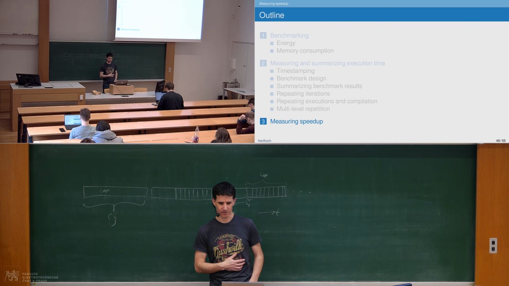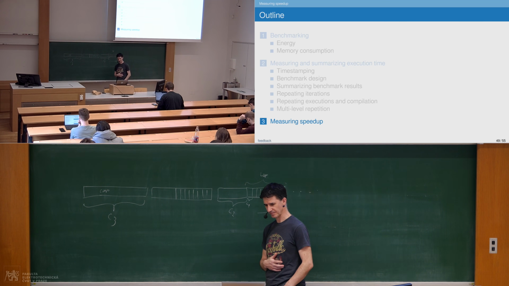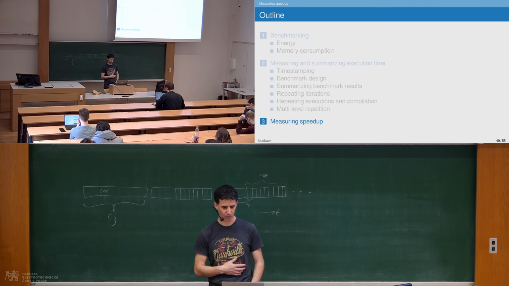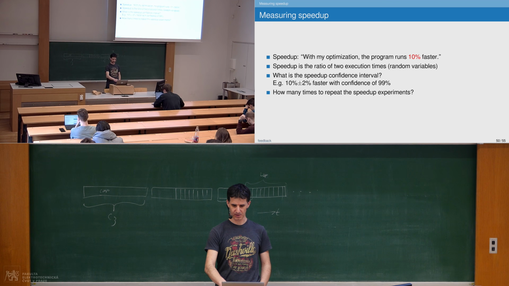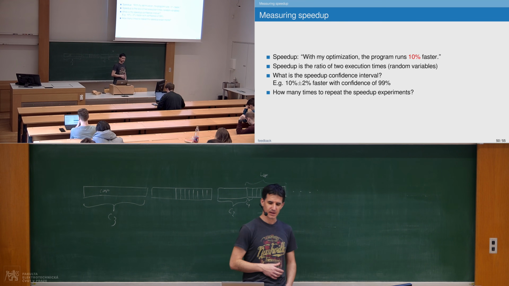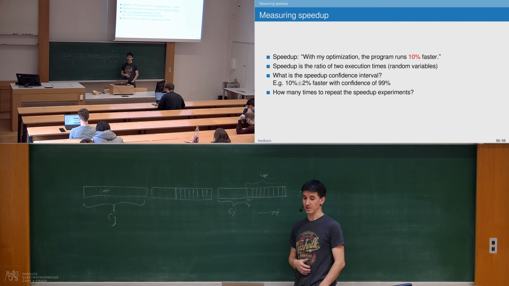Okay, and the last part of the lecture is devoted to measuring speed up. So as I have already mentioned, speed up is typically the thing that we are interested in.